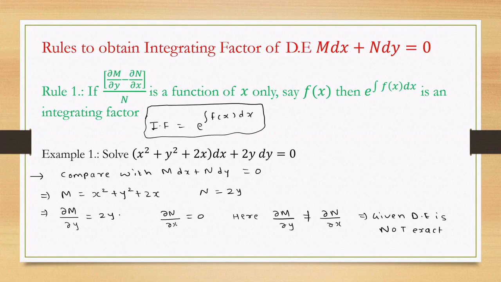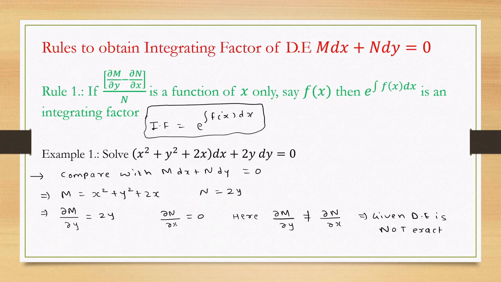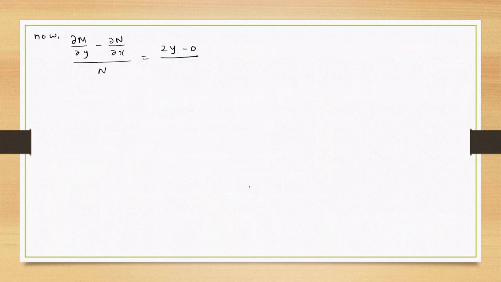Now, dou M by dou y is 2y, minus 0, upon N, which is 2y.